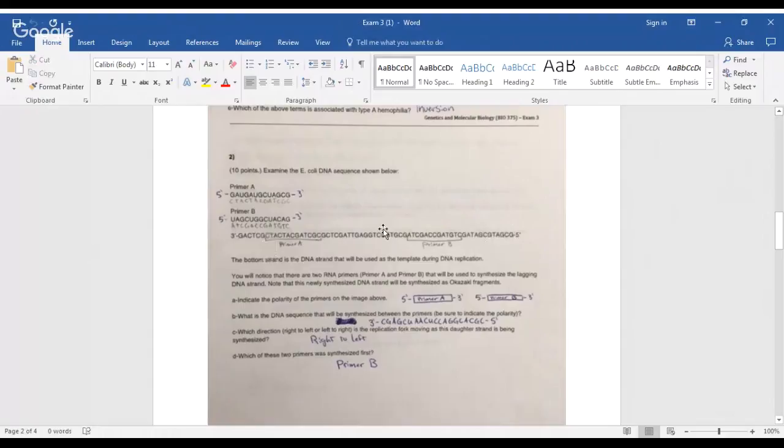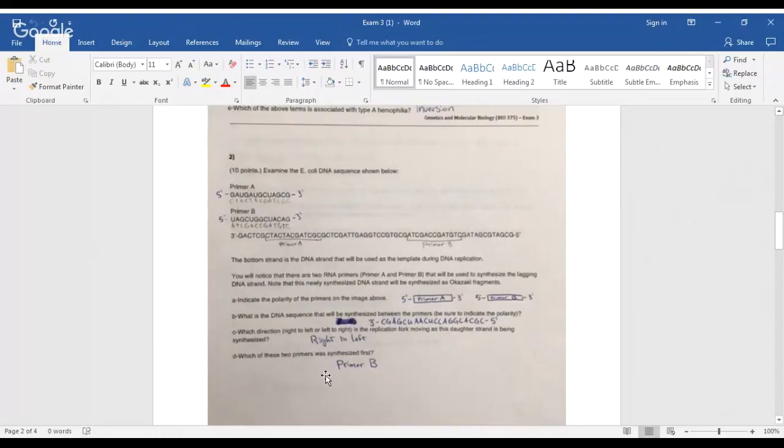Because this is the lagging strand, this side is 5' of the lagging strand, its complementary strand, the leading strand, would be 3' on this end and 5' on this end. From 3' to 5', we know that it's going from right to left.